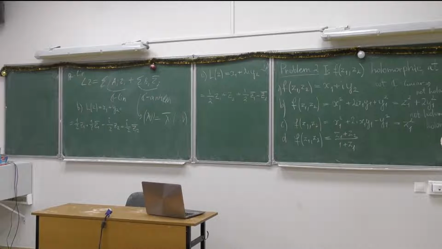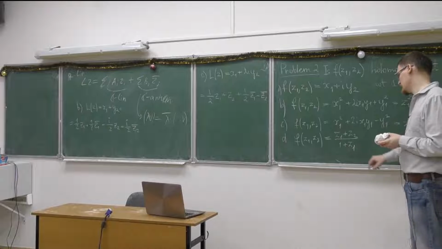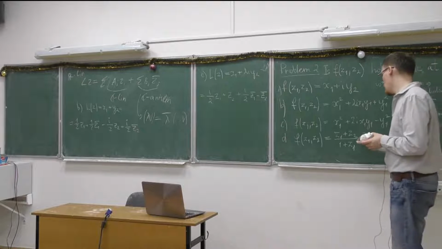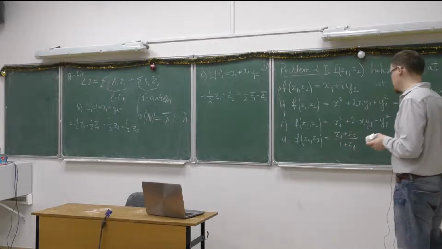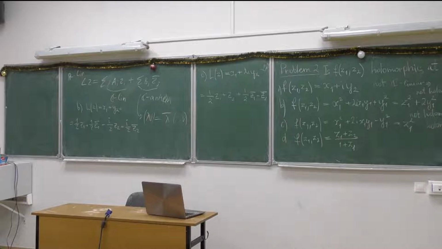It is z1 plus z2, divided by 1 plus z1? Yes. Can we use that a quotient of holomorphic functions is holomorphic? Yes, you're right, the function will be holomorphic everywhere except the place where the denominator vanishes. Yeah, obviously. That's right.